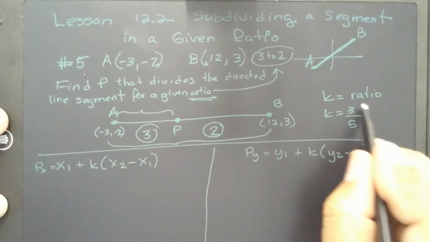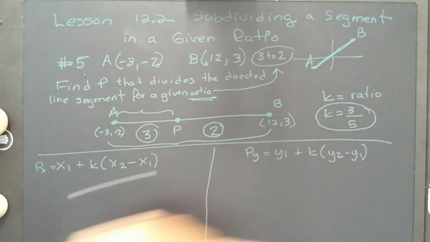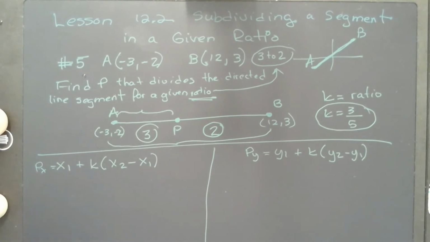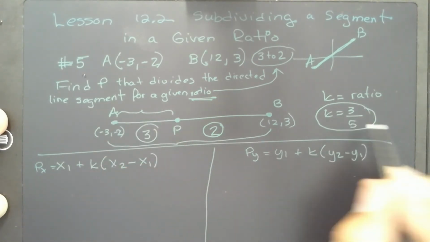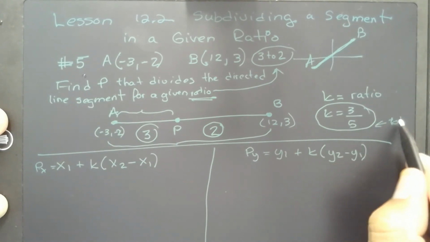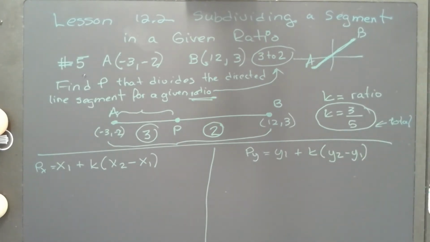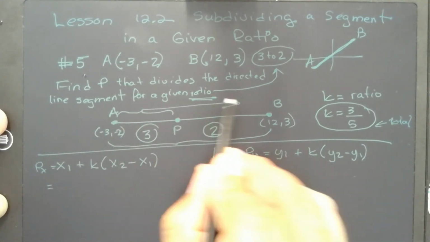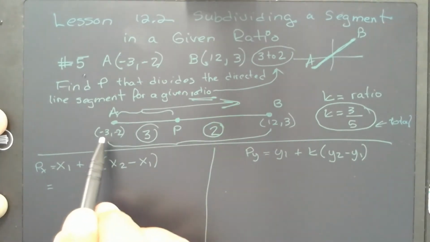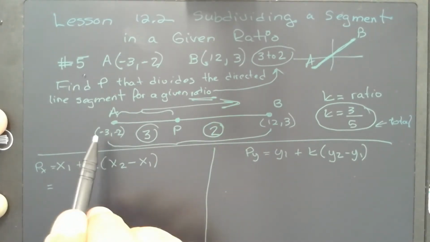This is very important to understand, because if you don't understand this, the whole thing is wrong. Where do we get the 3 from? The first part. Where do we get the 5? From the total. So now we're going to plug it in. Remember, since we're going in this direction, this right here will always be x1. This does matter.